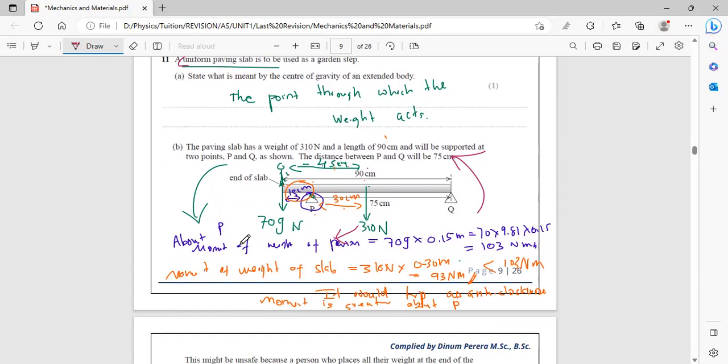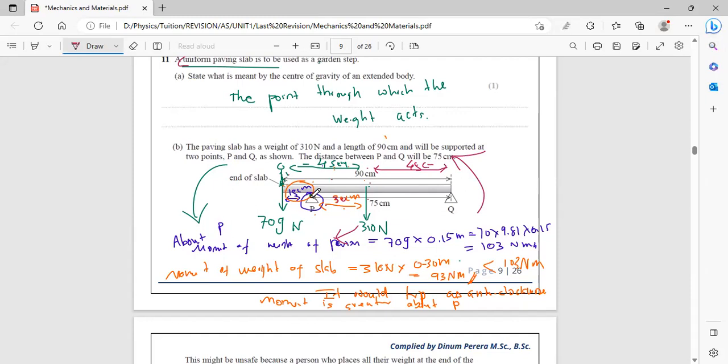So we need the distances. The weight of the person is 70 g, 70 into 9.81. The distance is 15 centimeters, right? Because the distance from Q to the center of gravity is 45. The distance between P and Q is 75. So P to the center of gravity is 30, right? And Q to the center of gravity is 45.